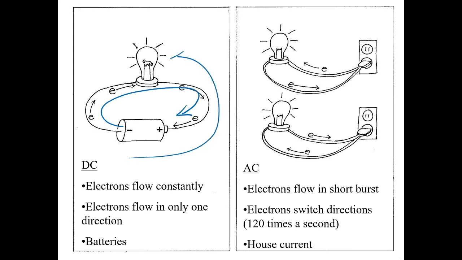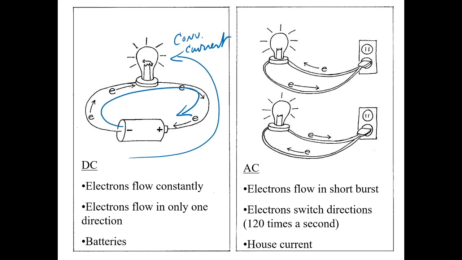Just to remind you, because it's important to know. They just flow and flow and flow, in only one direction until the battery runs out. It would be like if you went to a track and you want to run or walk, and you only went in one direction. Usually that's what you do. You go whatever direction everybody's going, and you run or jog or walk, and you keep going around in that direction and do your laps.